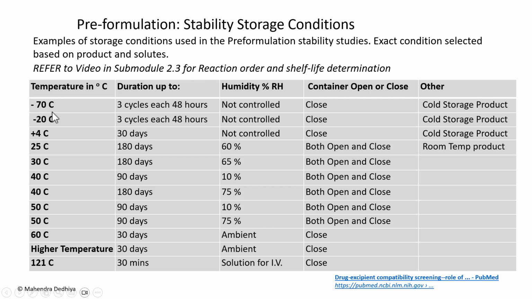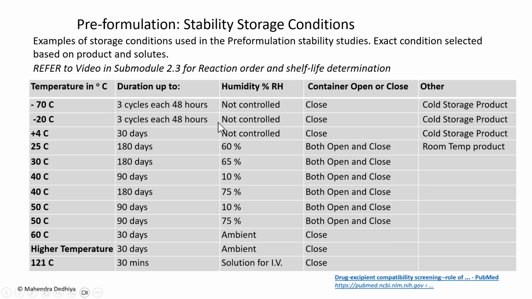The temperature from minus 70 degrees all the way to a very high temperature of about 121 degrees can be used in preformulation studies. Freeze-thaw cycles, which are very common, 3 cycles up to 48 hours, are used to see the precipitation or changes of polymorphs.